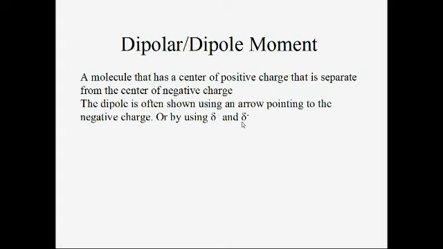And we're using a lowercase Greek letter delta for our partial. So delta negative shows one side of the molecule having a partial negative charge. The other side will have a partial positive. We can also show it with an arrow pointing from the positive to the negative side, with the back side of the arrow having a cross to represent the positive side.